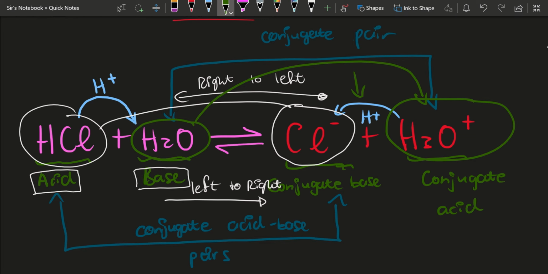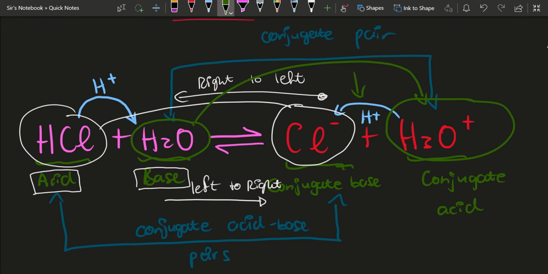So in essence, you can think of it this way. An acid forms a conjugate base when it donates a proton. In this particular case, what was our acid? HCl. So when an acid donates a proton, it forms a conjugate base.